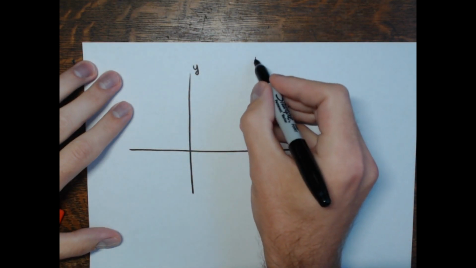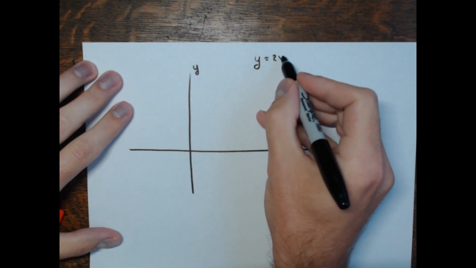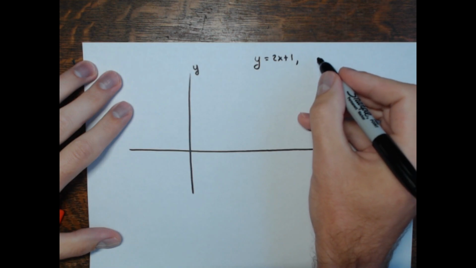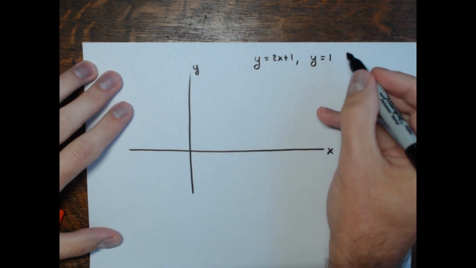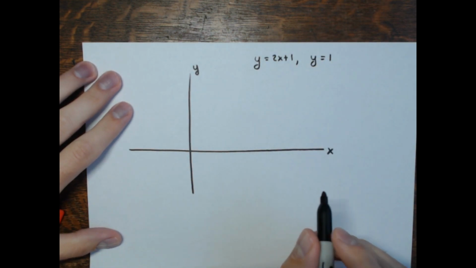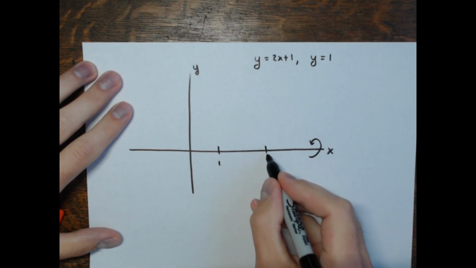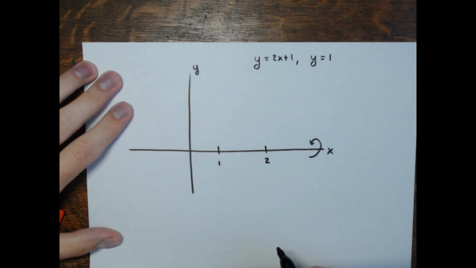So the curves given to me this time are y equals 2x plus 1 and y equals 1. And we're between x equals 1 and x equals 2 and rotating around the x-axis. So between x equals 1 and x equals 2, we're going to rotate our region around the x-axis.